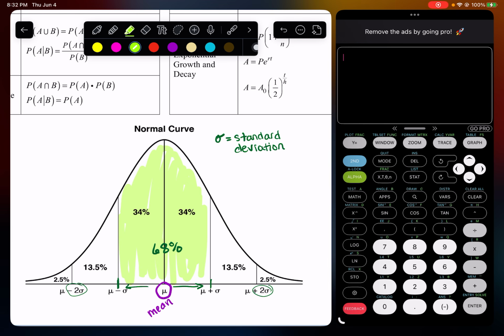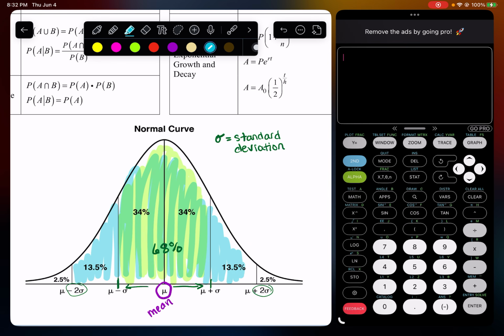If I go up 2 standard deviations and down 2 standard deviations, then I get a range that, as a grand total, 13.5 plus 13.5 plus 34 plus 34, includes the middle 95% of data. So 95% of the responses fall within 2 standard deviations of the mean.